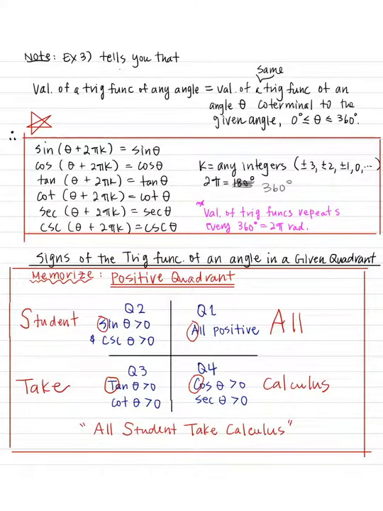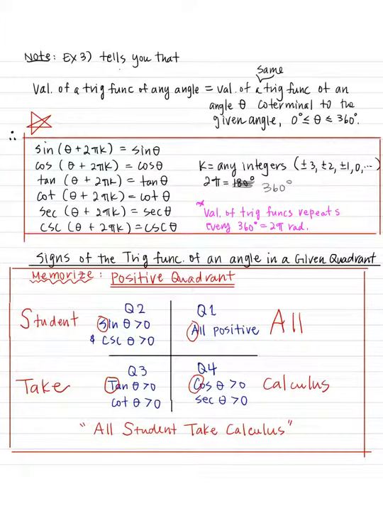Another thing you're going to have to memorize is the positive quadrant sign of the trig function of the angle in a given quadrant. A lot of students memorize this as "All Students Take Calculus." All is in quadrant 1, meaning all 6 trig functions are positive in quadrant 1.